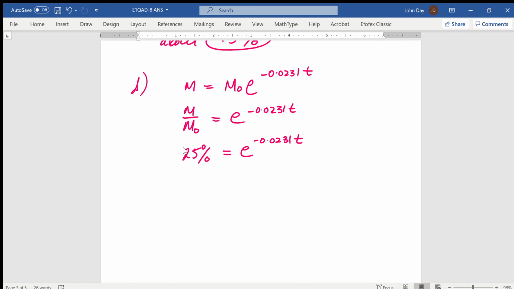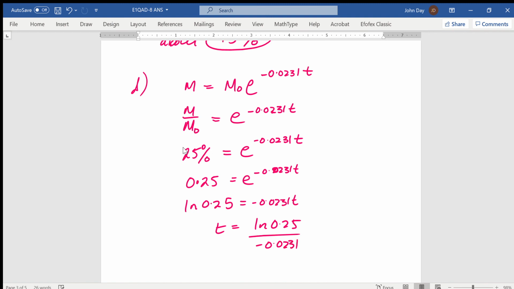So that's one way to do this. So I'll figure out what t is in this case. 0.25 equals e to the negative 0.0231t. Take the log of both sides. So t is the natural log of 0.25 on negative 0.0231. And I get 60.0127. So slightly after 60 days, it's down at 25%.